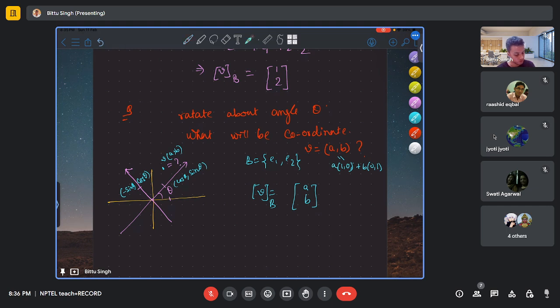That's why we are getting this (a, b). The first coefficient is a and the second coefficient is b.